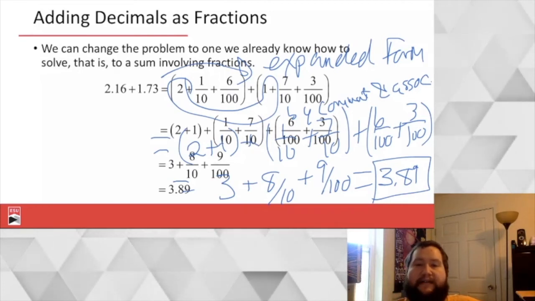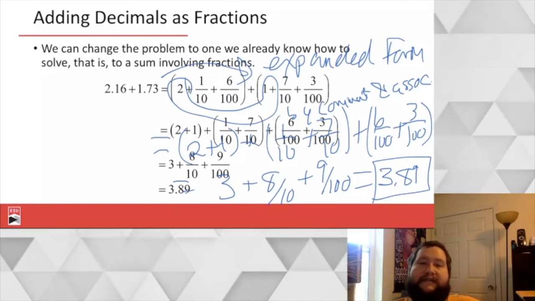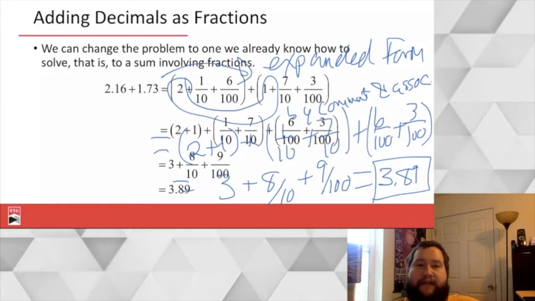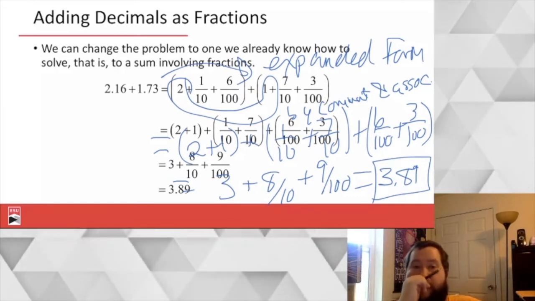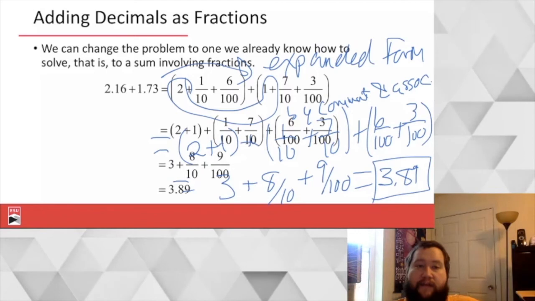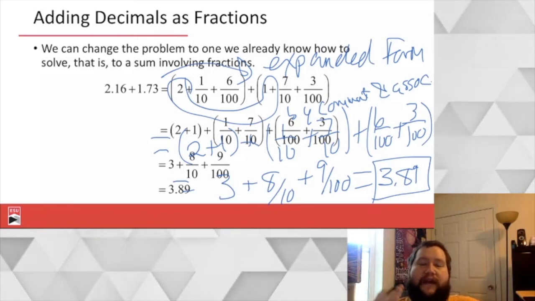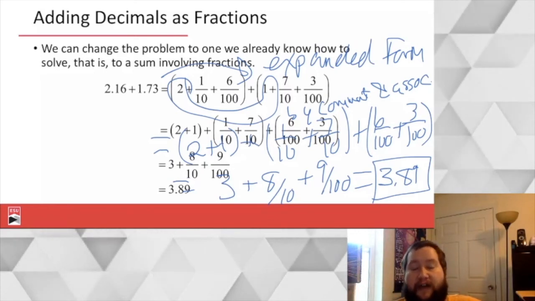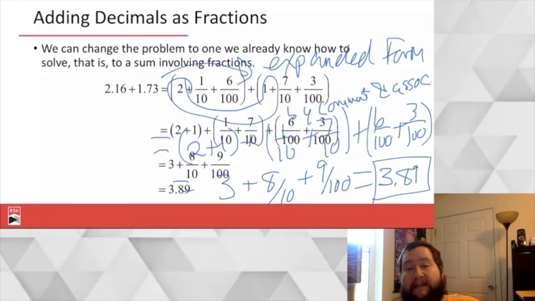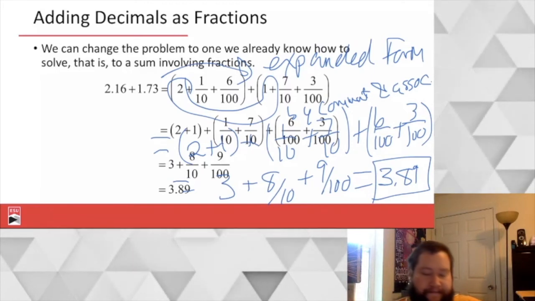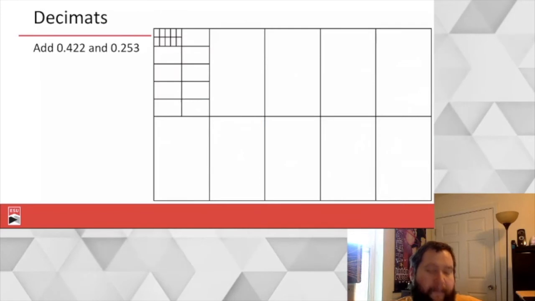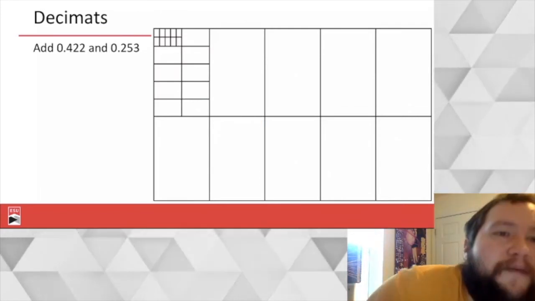It connects to the concept of what 0.16 means. Well, it means 1/10 and 6/100ths. And 0.73 means I have 7/10 and 3/100ths. And so I can add those to the other ones. We can add like denominators because they're same size pieces, and we get our final answer. But that's not the most efficient.